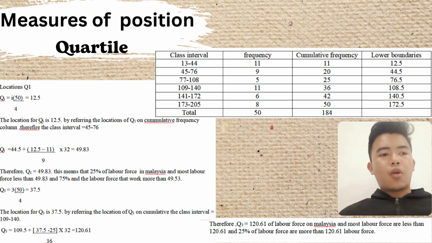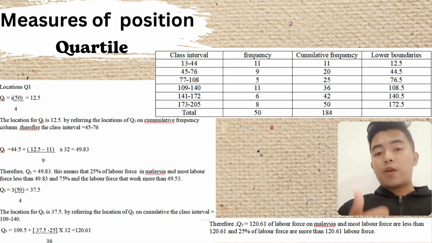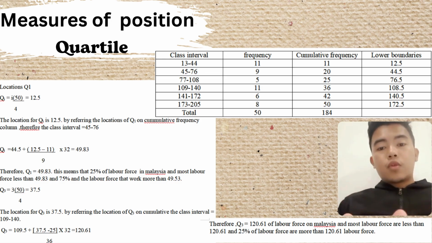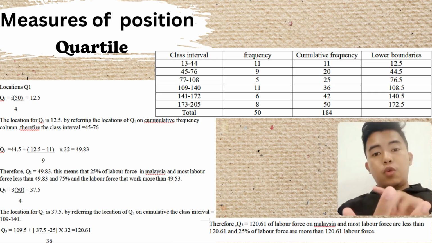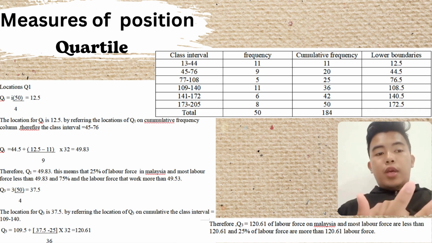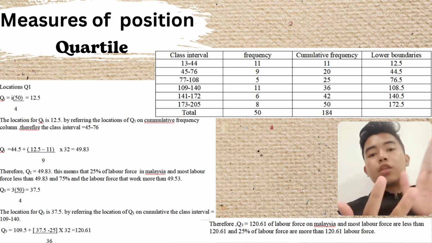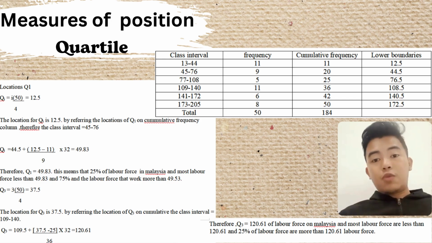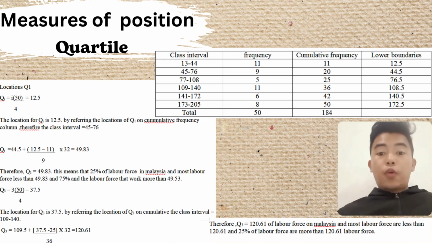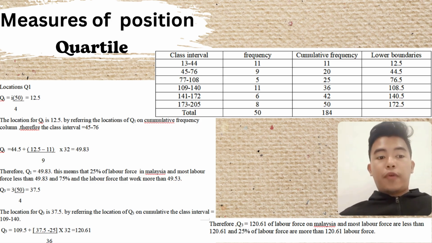To find the location for Q1, this is the formula to find Q1, where the sample size needs to be divided by 4, because we have Q1, Q2, and Q3 and need to divide into four parts. For the location of Q1, it is 12.5, by referring to the location of Q1 in the cumulative frequency column.